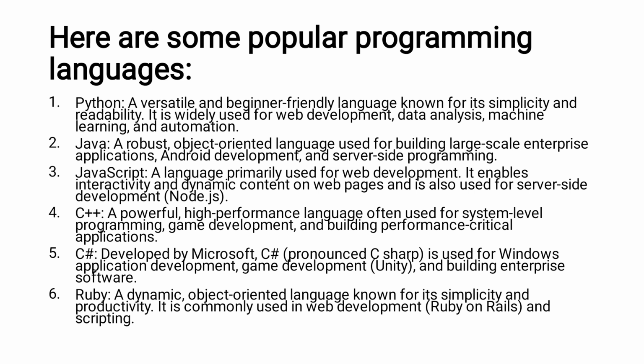Then we have JavaScript, a language that primarily is used for web development. It enables you to interact and to have dynamic content on web pages, and it's also used in server-side development.